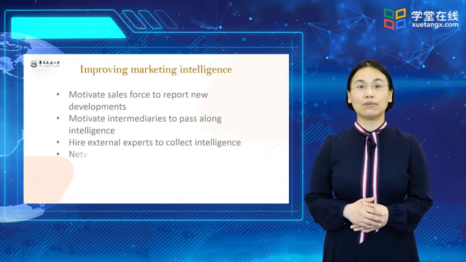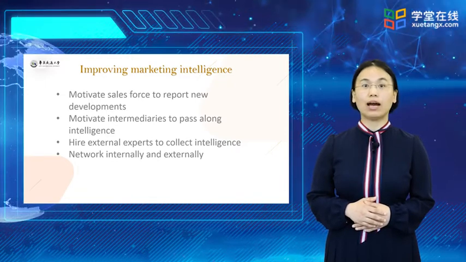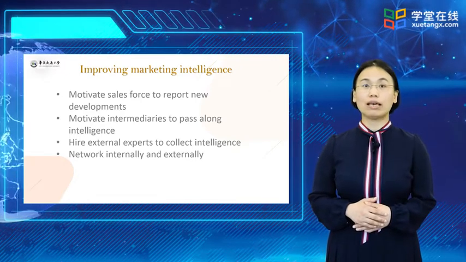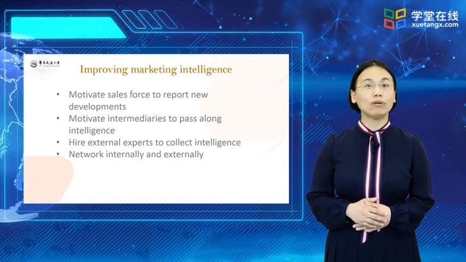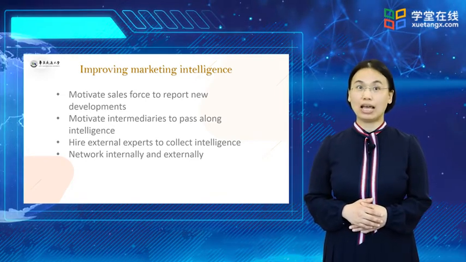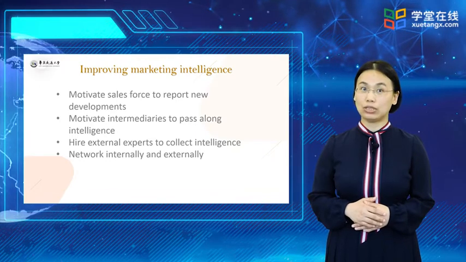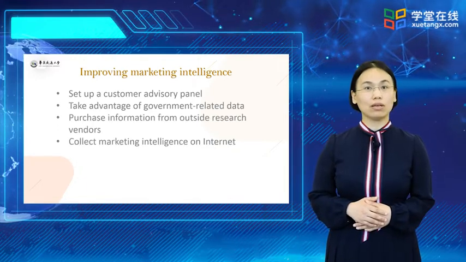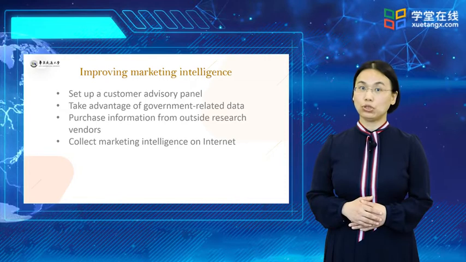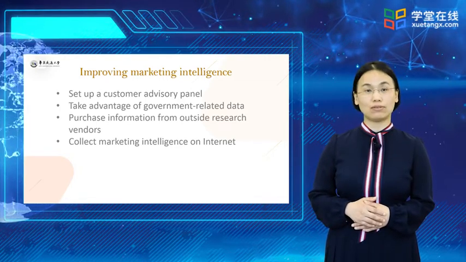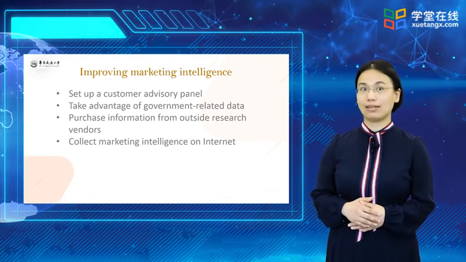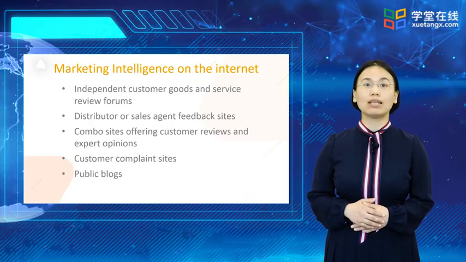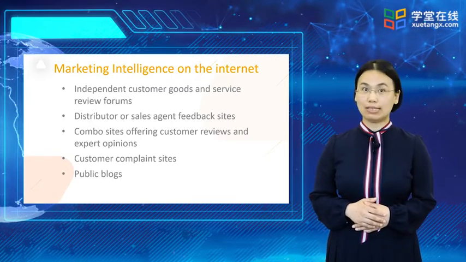Marketing intelligence gathering must be legal and ethical, and corporates need to understand the following things: motivate the sales force to report new developments, motivate intermediaries to pass along intelligence, hire external experts to collect intelligence, network internally and externally, set up a customer advisory panel, take advantage of government-related data, purchase information from outside research vendors, and collect marketing intelligence on the internet. Of course, companies can use many of these sources to monitor their own customers, products, services, and brands.